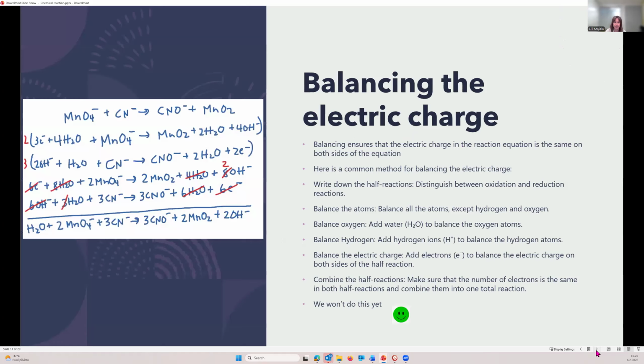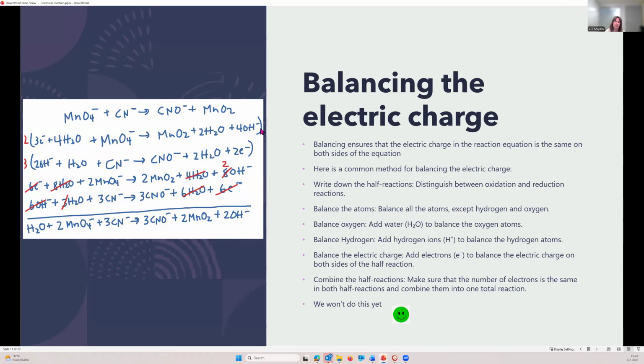Pretty simple. Balancing the electric charge. This we won't actually be practicing on this course. Maybe on your next chemistry course, you'll be practicing this as well.